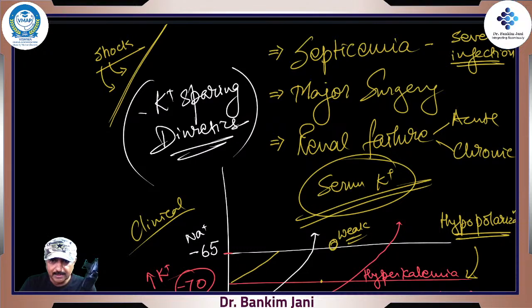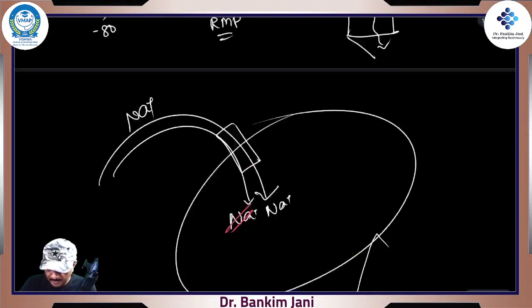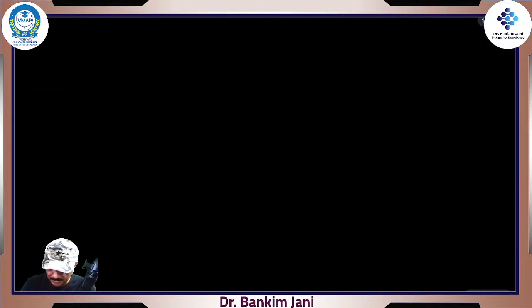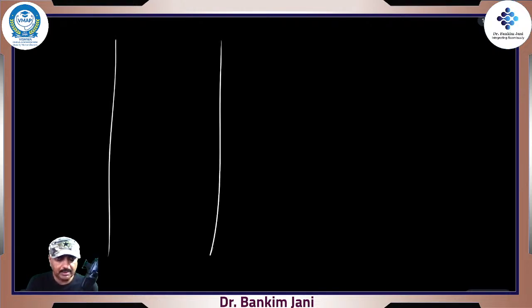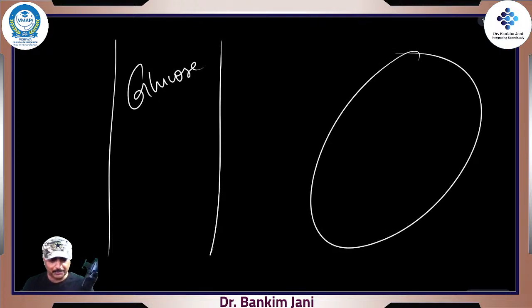One question, you asked just some time before about this, right? Let's talk about it. Say, for example, when you eat something, there is glucose, right? Here is the cell. Don't look at the proportion. This is the GIT and this is the cell.